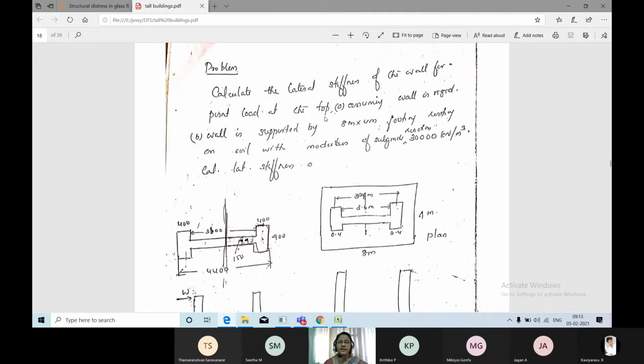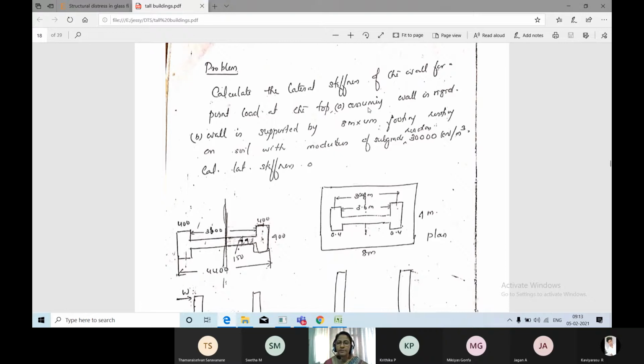So here, calculate the lateral stiffness of the wall for a point load at the top. As the first case, assume the wall is rigid. Second, assume the wall is supported by an 8 meter by 4 meter footing resting on soil with a modulus of subgrade reaction of 30,000 kilonewton per meter cube.